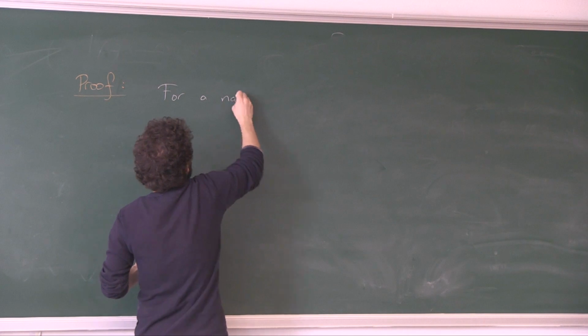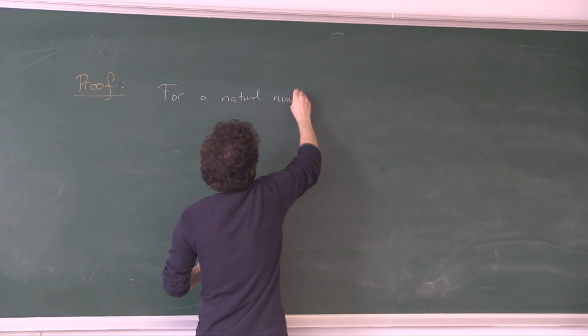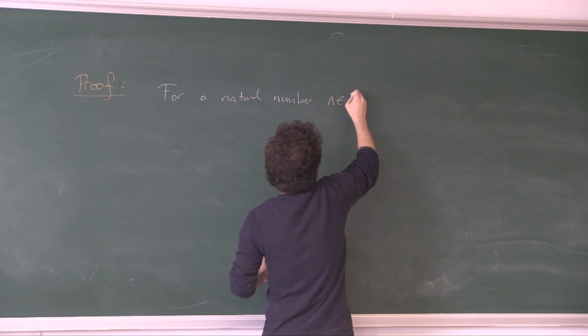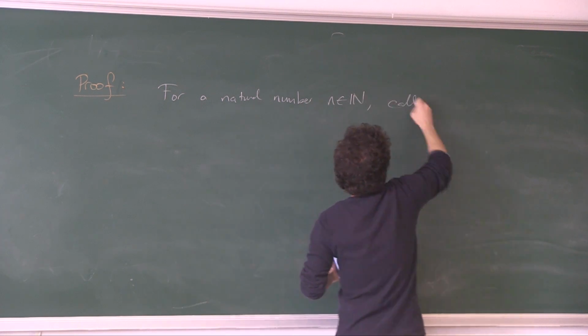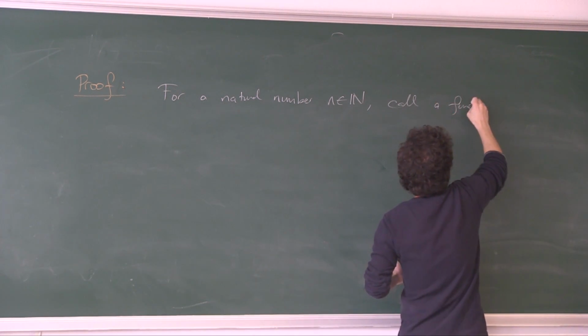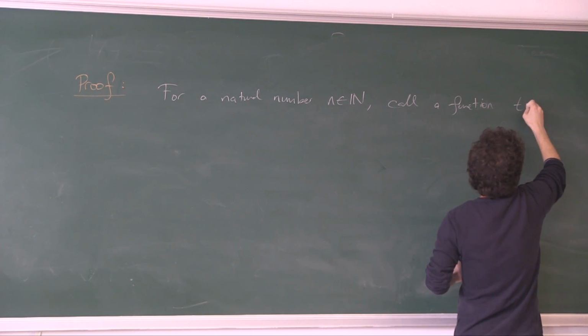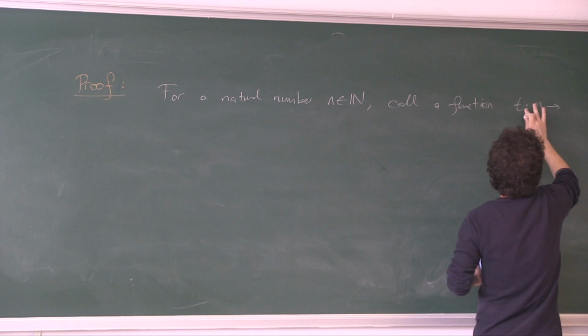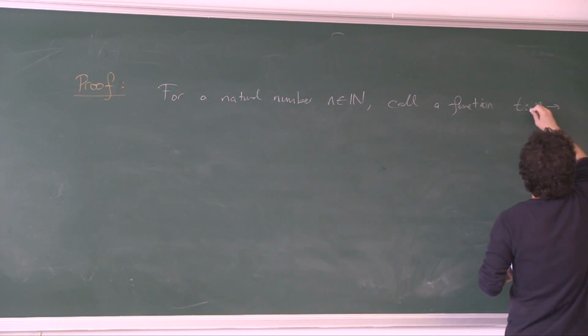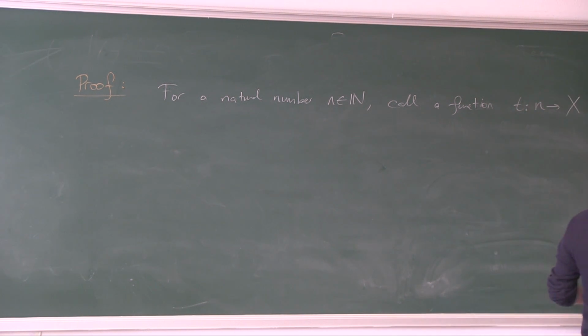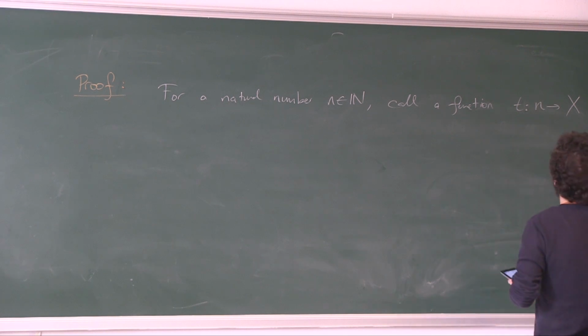For a natural number n, call a function, let's call this t, from n to x. You see, I have an x, I have a little x, I have an f. Those are fixed.